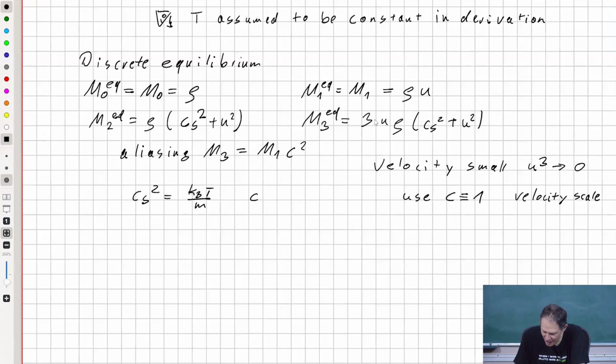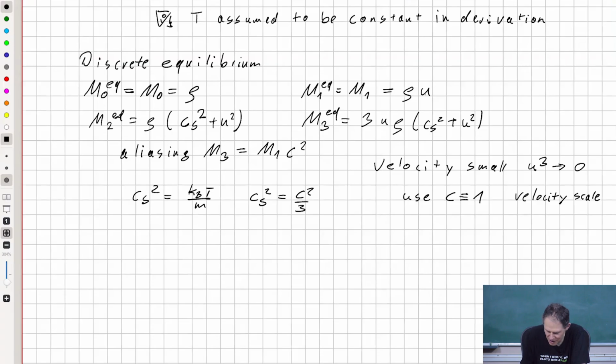And then we still have 3 times c_s squared times u, and here we have just u. And now we observe that just by setting c_s squared to be c squared divided by 3, because c_s, our speed of sound, is of course a free parameter for us, we can set it to a value that we like, and now we set it to 1/3.